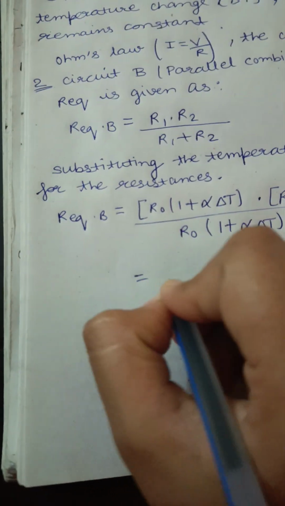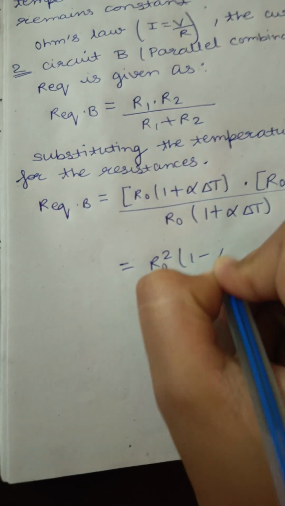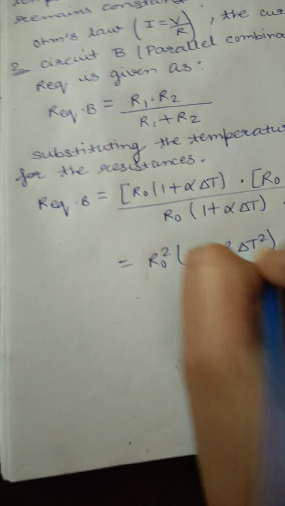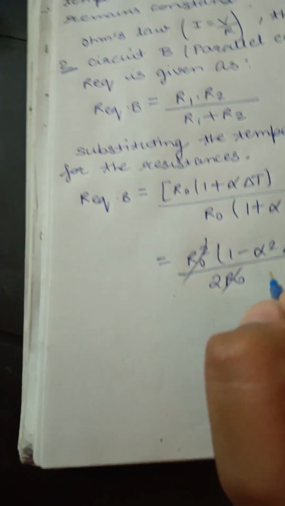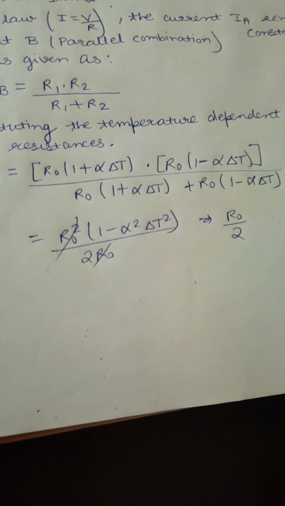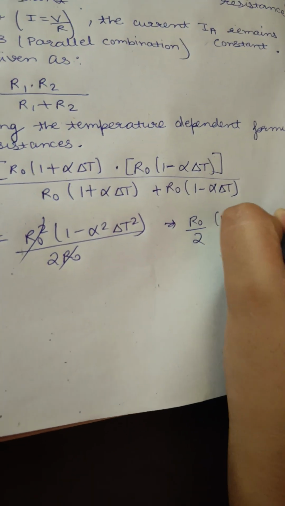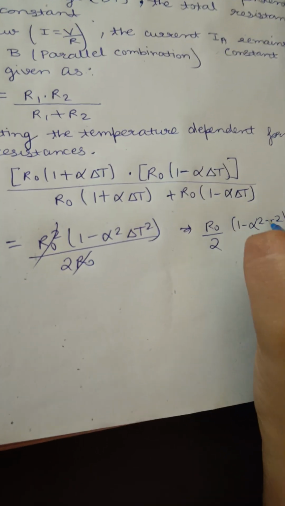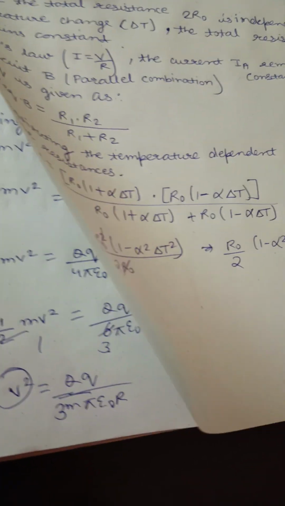So it becomes R naught square times (1 minus alpha square delta T square) over 2 R naught. R naught and R naught cancel, so we get R naught by 2 times (1 minus alpha square delta T square).